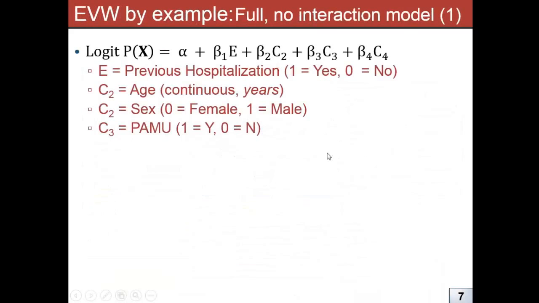Here's this other model that we just saw in the last slide set. Here we have an exposure variable still, previous hospitalization, and 3 control variables, age, sex, and PAMU. Notice I'm not writing age, sex, and PAMU. I'm just writing C2, C3, C4, but they're not X variables, is what's important.